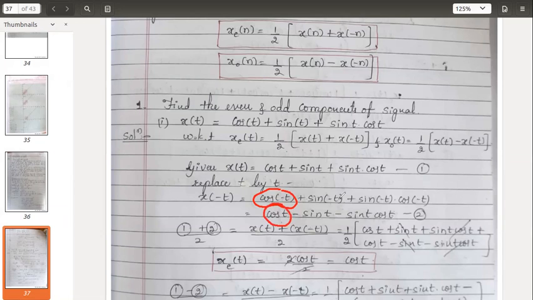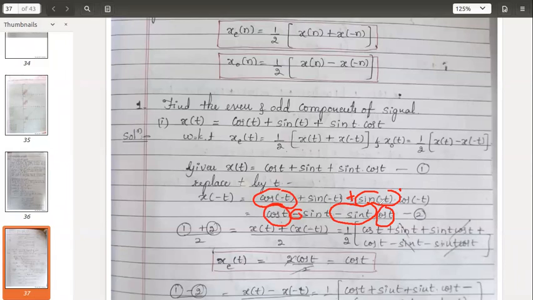And what about sine? Sine of minus theta is minus sine theta. It's a standard trigonometric value. Sine of minus theta equals minus sine theta. So this negative will come out because it is an odd signal. Sine of minus t will become minus sine t, into cos of minus t, which is cos t.